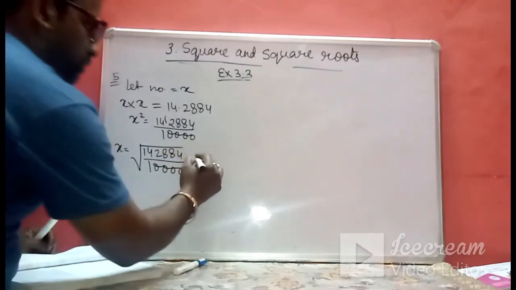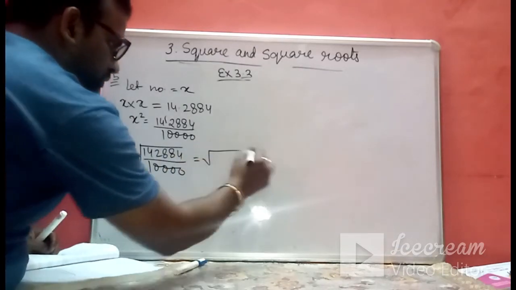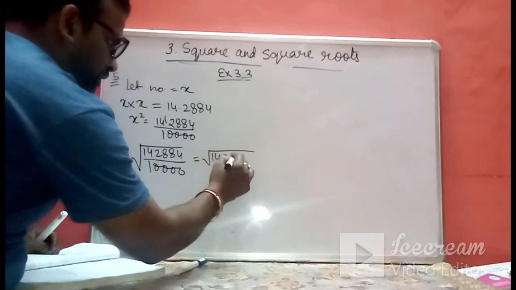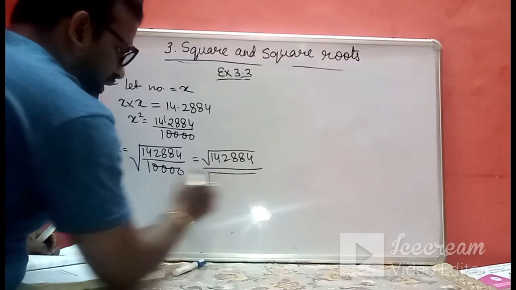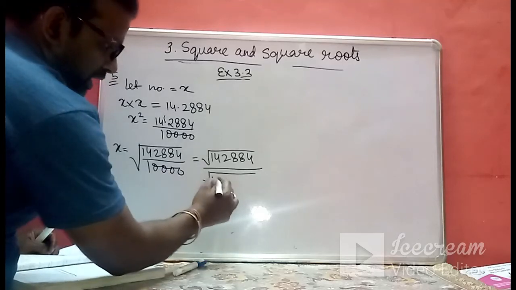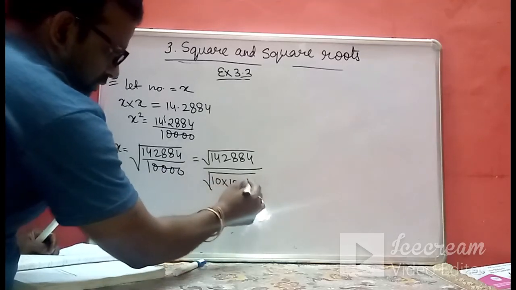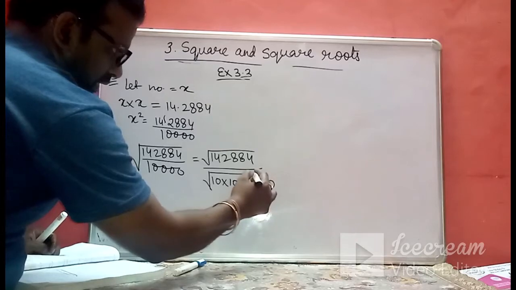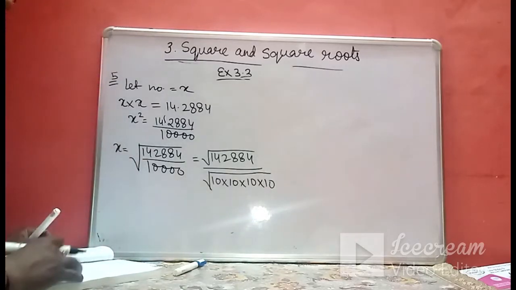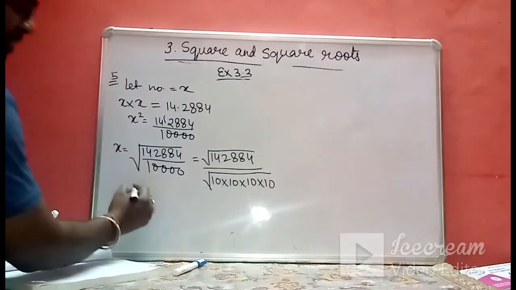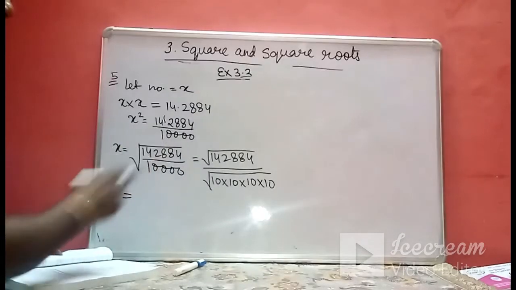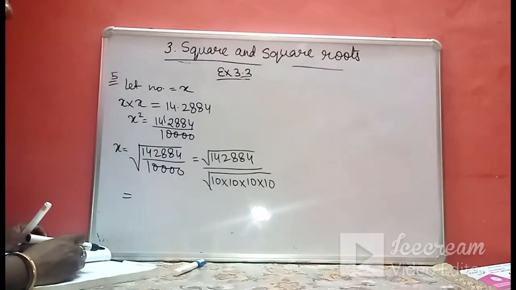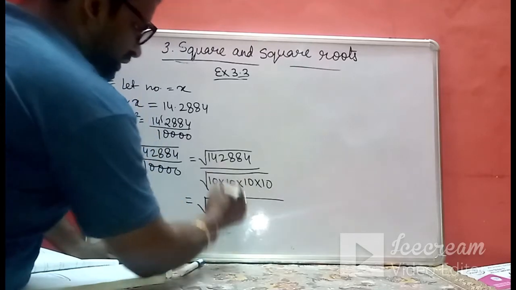So again we will do the prime factorization of this 1,42,884, and this 10,000, again see 4 zeros are there, so you can write it as 10 into 10 into 10 into 10. Okay, otherwise its prime factorization will be very lengthy. So let's write the prime factorization of this.